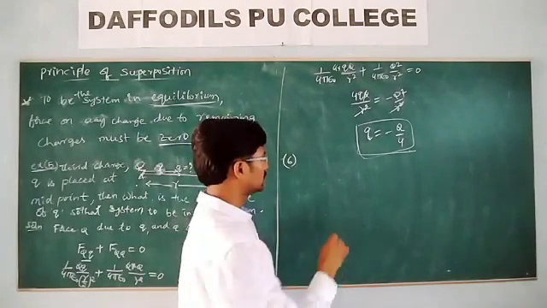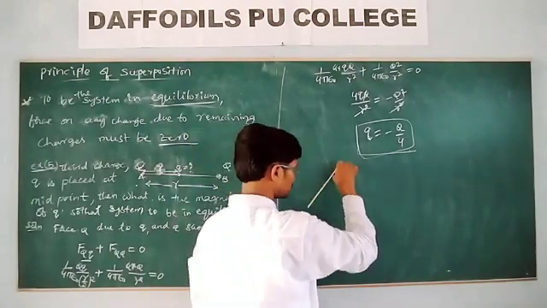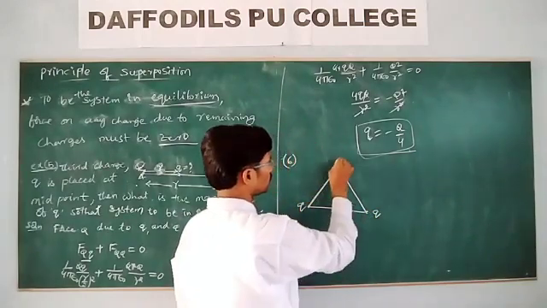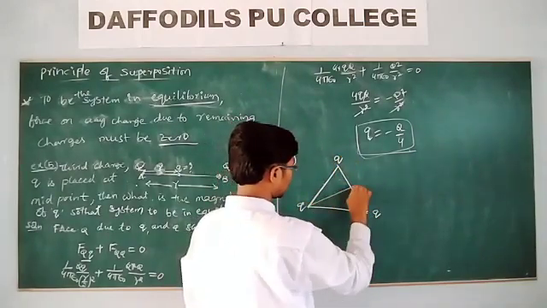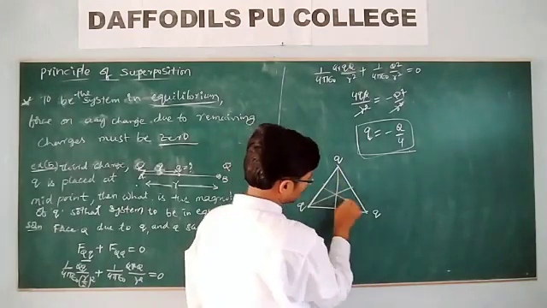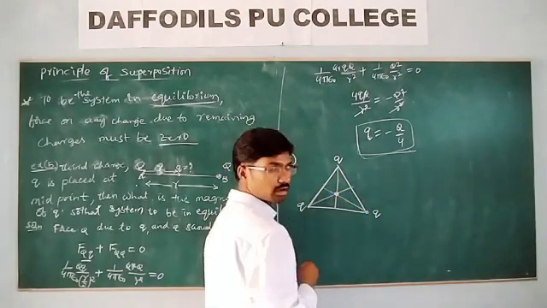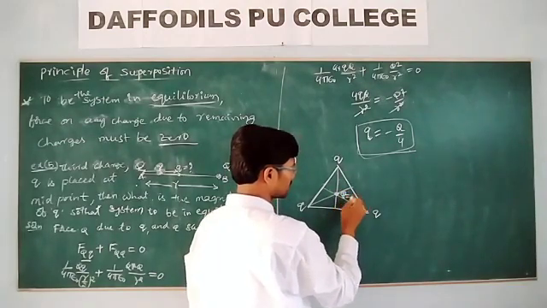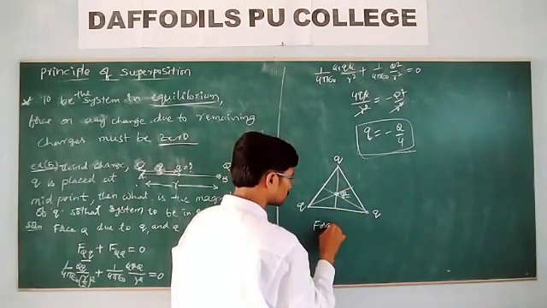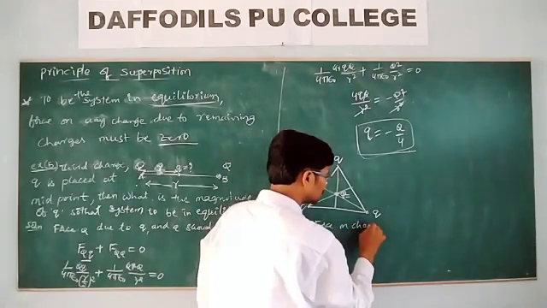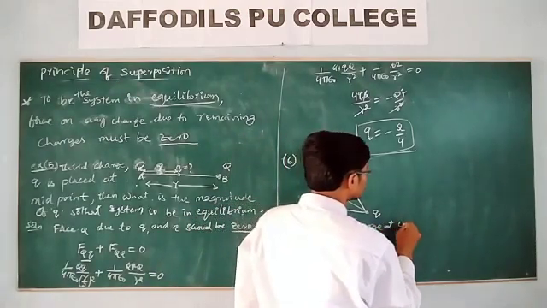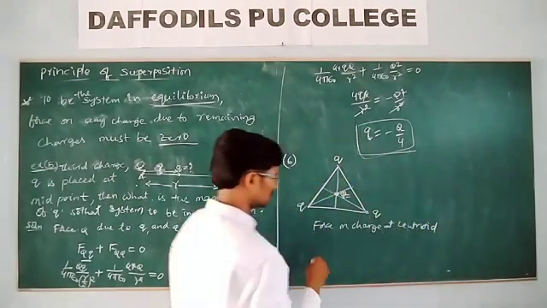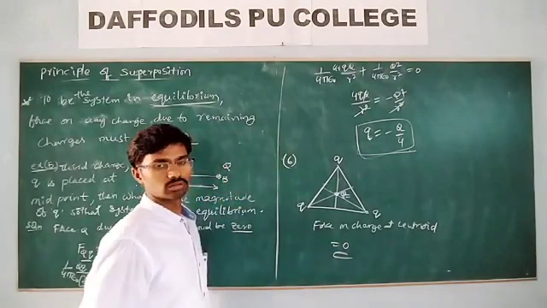When we have taken three identical charges, Q, Q and Q, and then here at the centroid, whatever may be the charge taken, the force on the charge at the centroid is equal to 0.